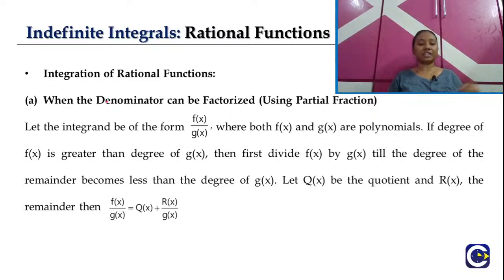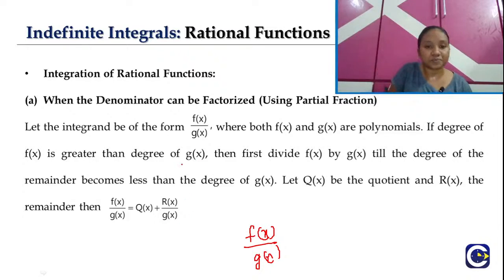Rational functions are nothing but functions expressed in the form of a fraction, f of x by g of x, where both f of x and g of x are some polynomials. Yes or no? So you can see my rational functions will be expressed in this form, f of x by g of x, where both are polynomials.